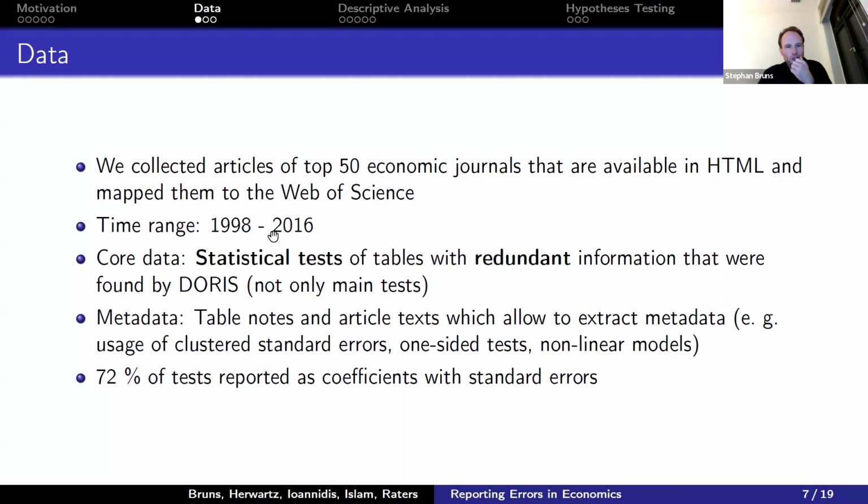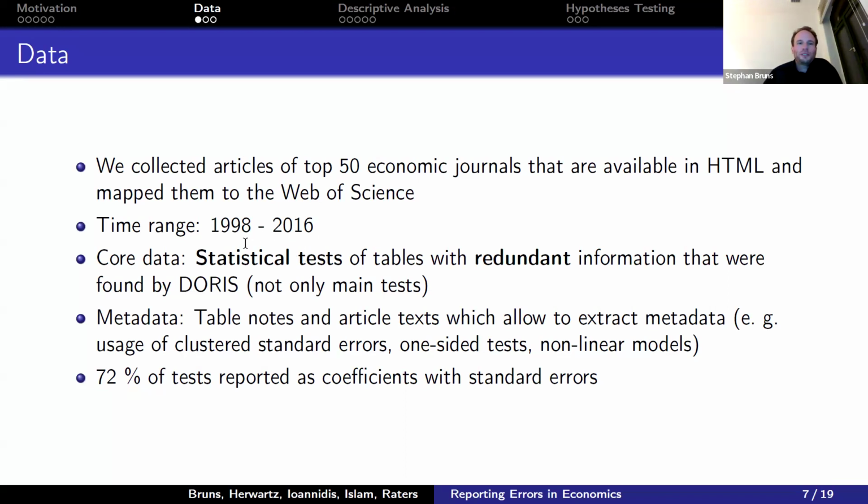We have a time range from 1980 to 2016. Unfortunately, in 2016, the German universities and Elsevier started a big fight, and all the access to Elsevier journals was cut for German universities. So this is why our data ends in 2016.